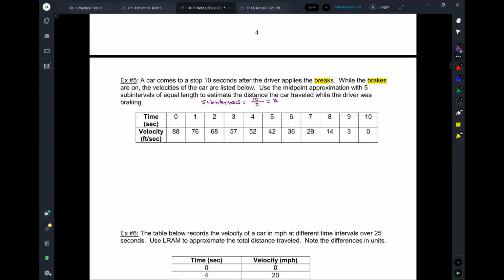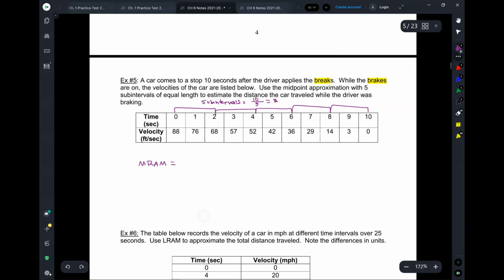But I want to take the midpoints. I want to do an MRAM. So that's the first interval from 0 to 2, then from 2 to 4, then from 4 to 6, 6 to 8, 8 to 10. Now we've visualized it.